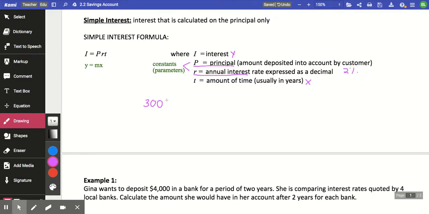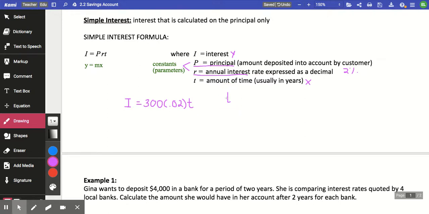Since we're multiplying P by R, and we have to express this as a decimal, this would be 300 times 0.02. And then we multiply that by our amount of time, and it's going to tell us how much interest we have earned.